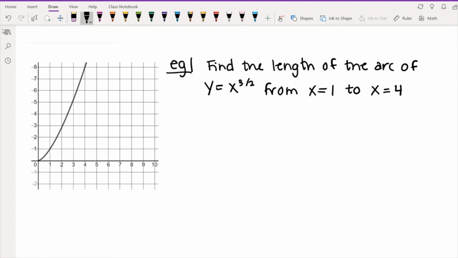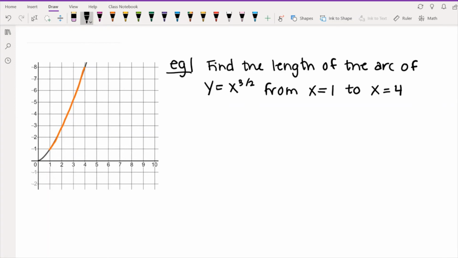So I just want to highlight what that length is in this picture, because I think it's kind of nice. You can usually see whether your answer is reasonable just by looking at the picture. So from 1 to 4 would be this portion here.